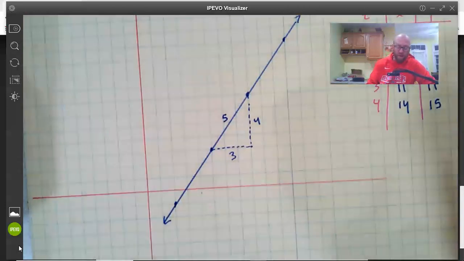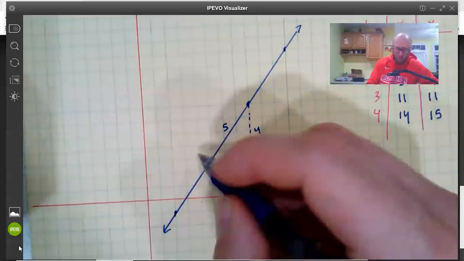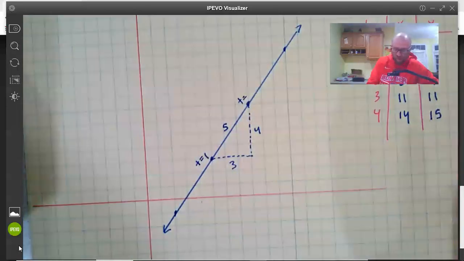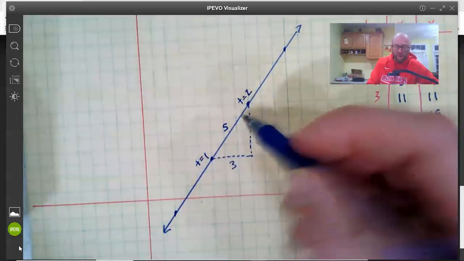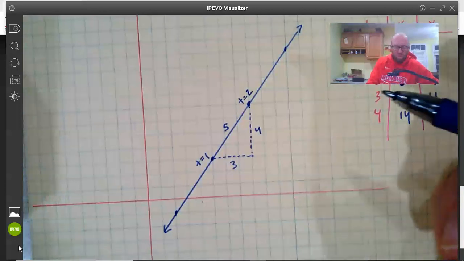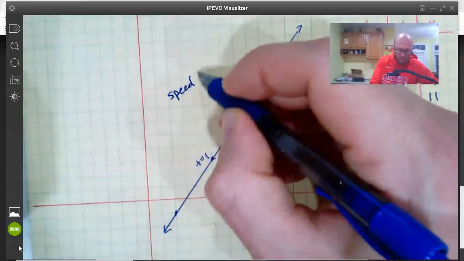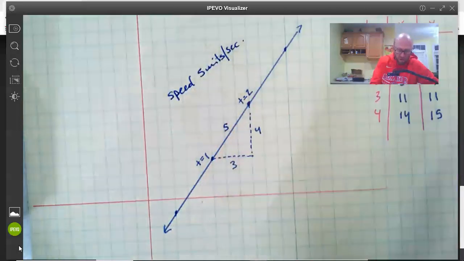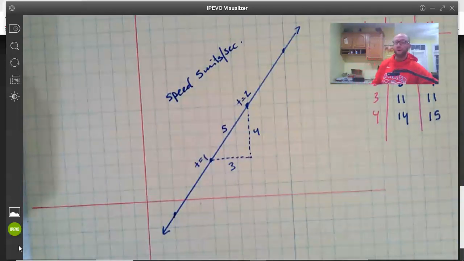So this bug travels, from time equals 1, right here, to time equals 2, right here, 5 units in 1 second. That's 5 units per second speed.